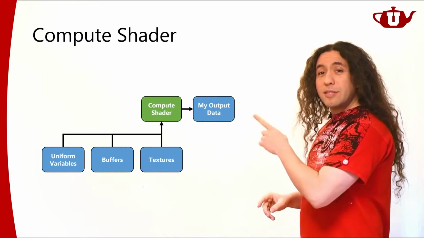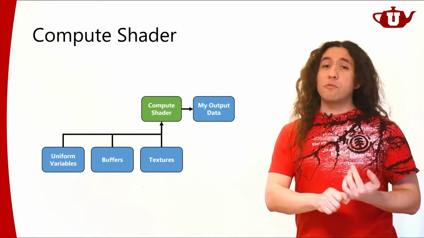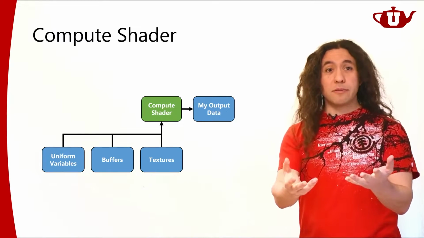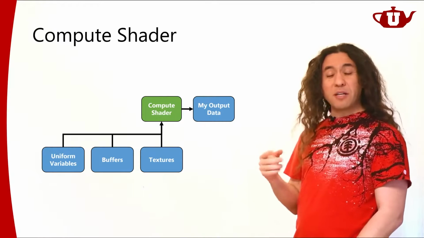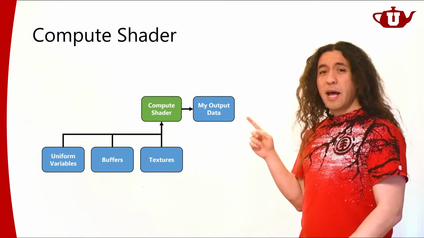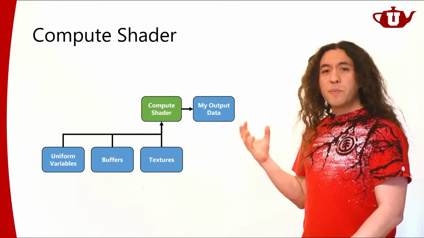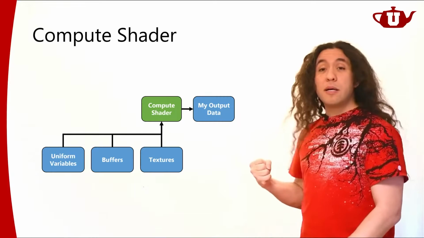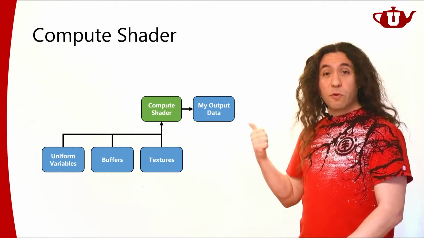But its output is a little bit different. A fragment shader would output one color, right? That's the output. For a compute shader, I'm not actually trying to output any color. So this output data does not have to have any color format. Because of that, we have some custom output types that we can use for compute shaders.